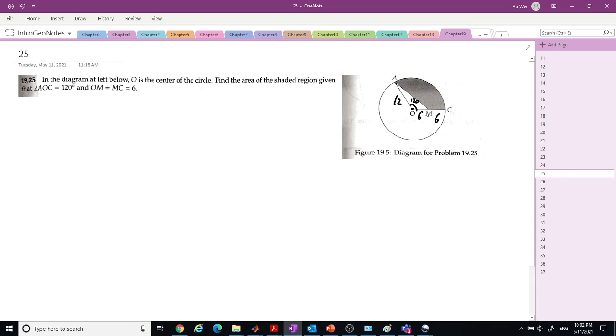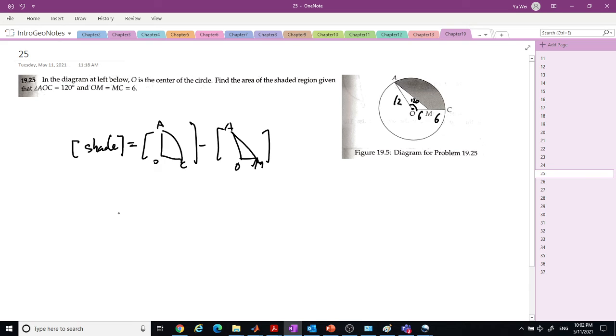So basically the shaded area is equal to the area of the sector AOC minus the triangle AOM. This is very straightforward. The answer is... next.